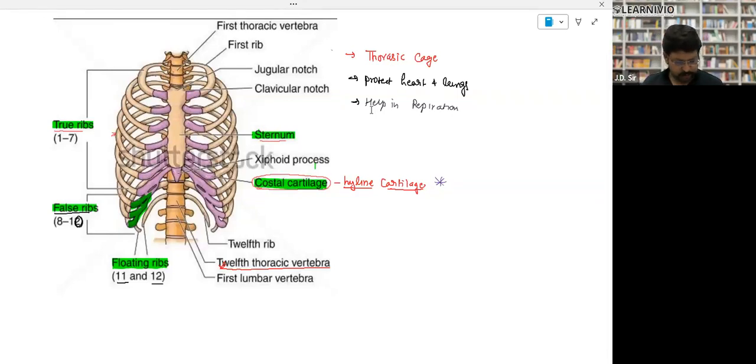Tell me, is it clear or not? What is the function of floating bone?